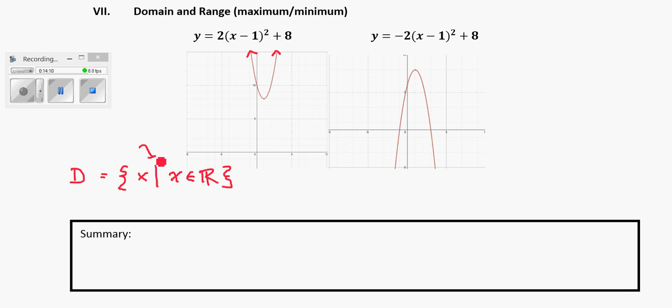And so I'll put this line here, which means such that. This symbol means is an element of, and this R is all real numbers.